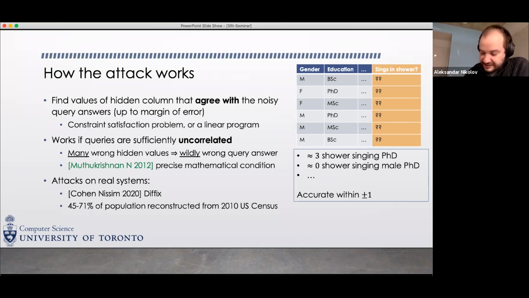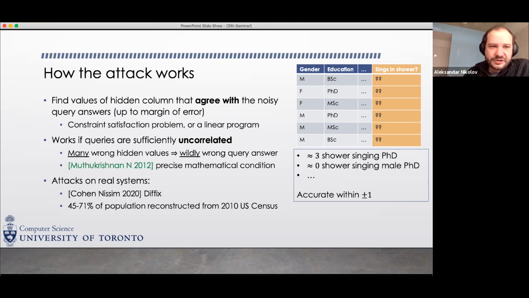And another interesting example is some work by the US Census Bureau, which I should know better, but my understanding is that they took the 2010 decennial census that was published, and they discovered that from that census, they can reconstruct the raw data for 45% of the population.